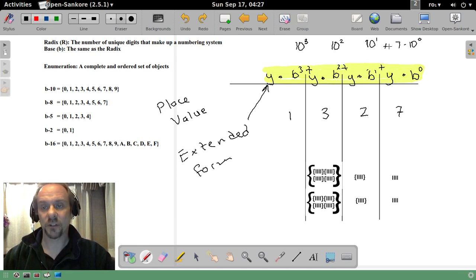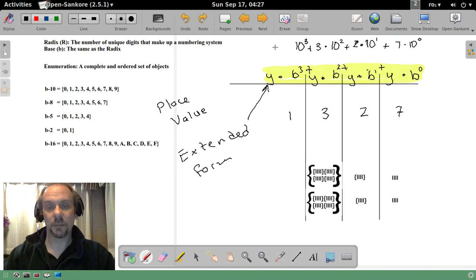That's why we get our units. Plus 2 times 10 to the first, or 10. So 2 times 10 is 20. Plus 3 times 10 to the second, or 100, for 300, plus 1 times 10 to the third, or 1,000.